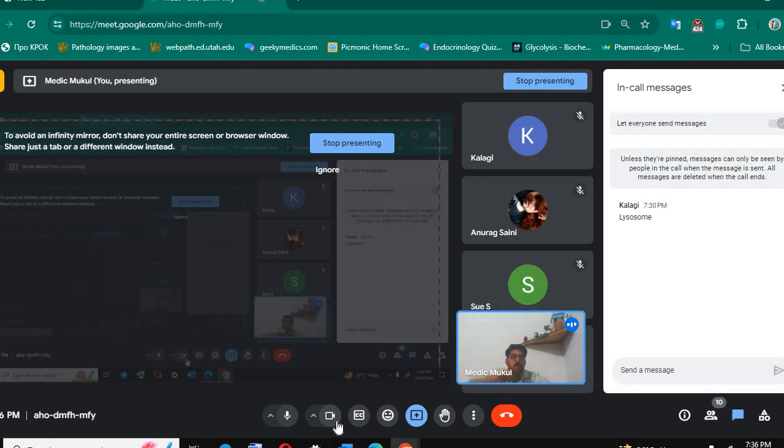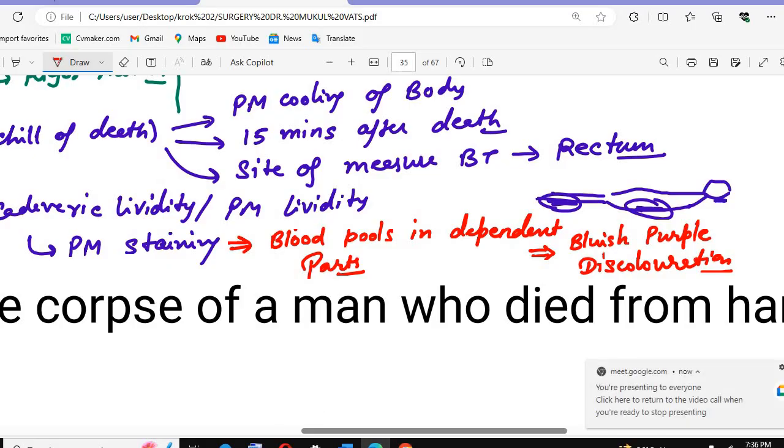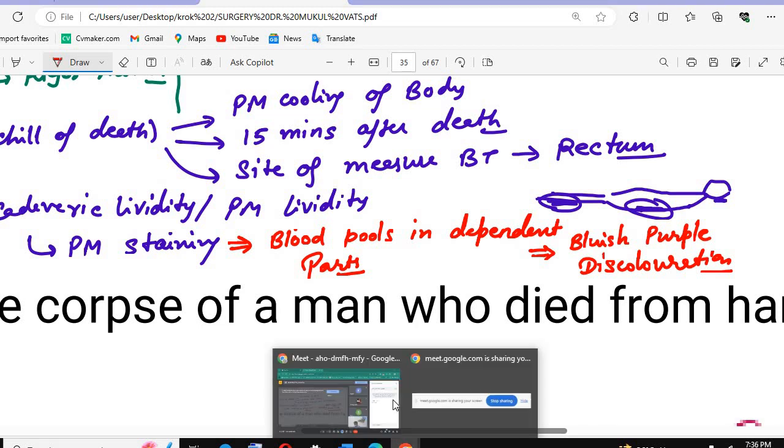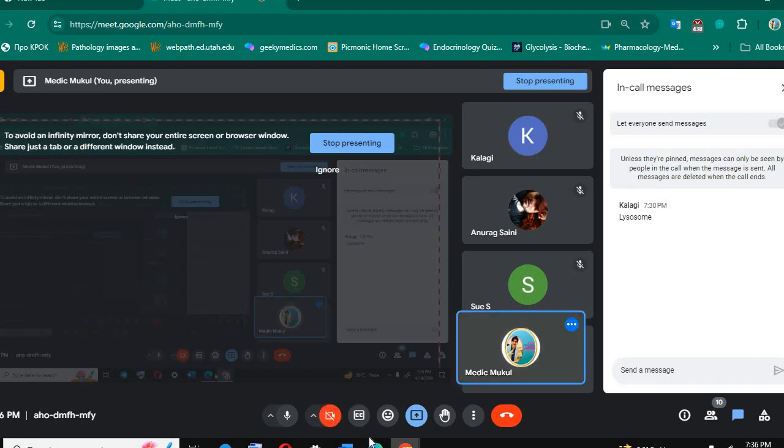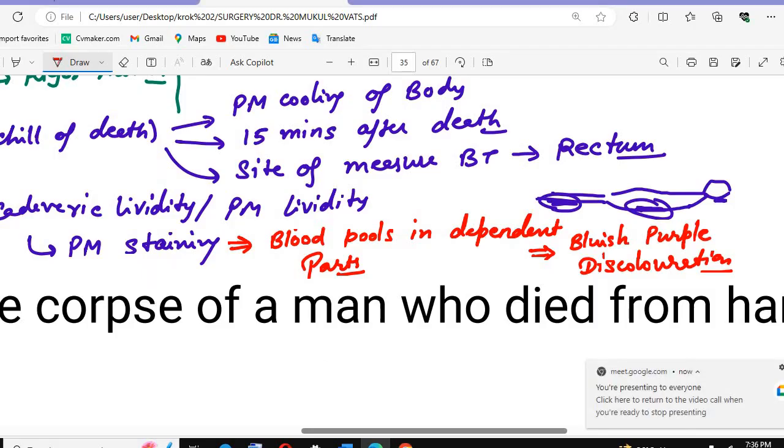So everything touching the ground will be the dependent part. Blood pools in these dependent parts, and this area will show bluish discoloration. We call this condition post-mortem staining.